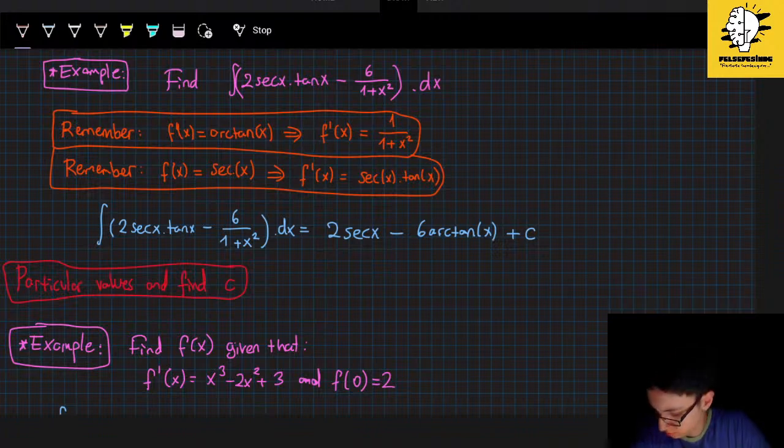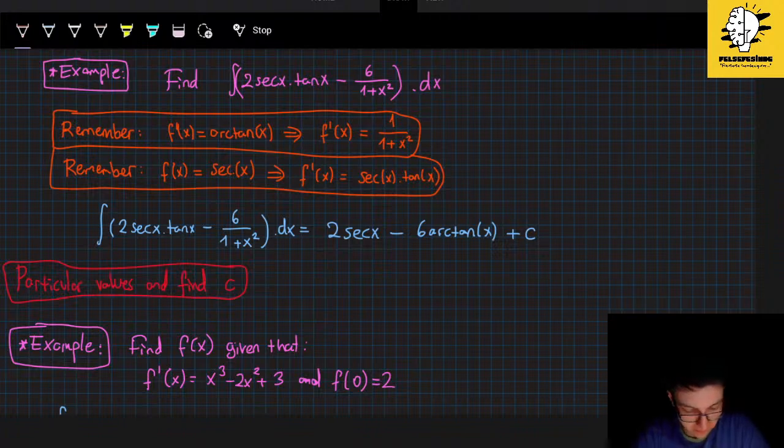Alright, so this part is a bit tricky. Why is it tricky? You have to remember the differentiation of arctangent x or secant x, but you have them in the data booklet, right? Let me open my formula booklet, sorry, I confused it with the science booklet.